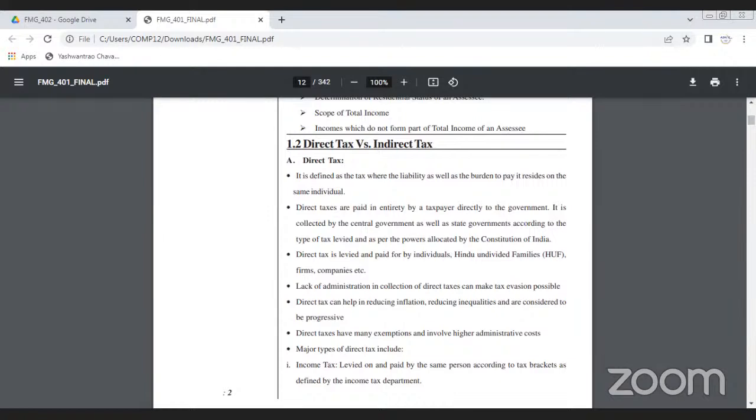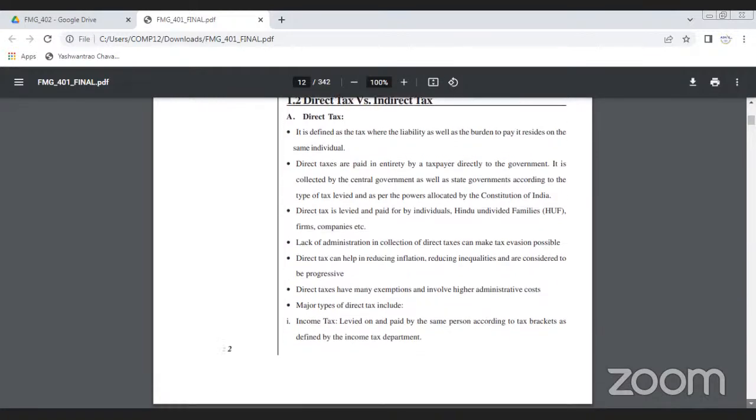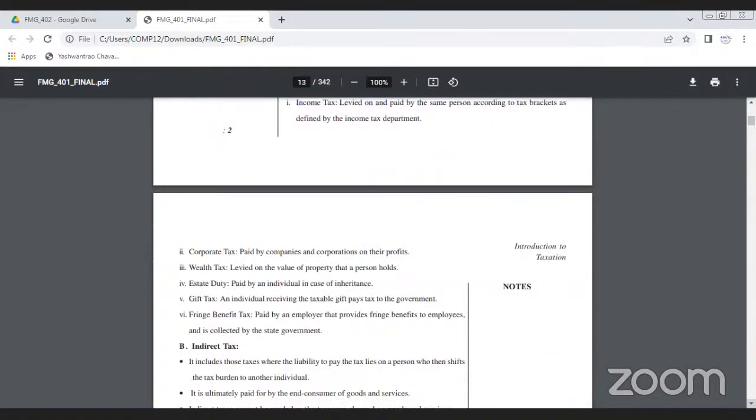Major types of direct tax include income tax, levied and paid by the same person according to tax bracket. After that, corporate tax, which is paid by the companies. After that, wealth tax, which is levied on value of properties.